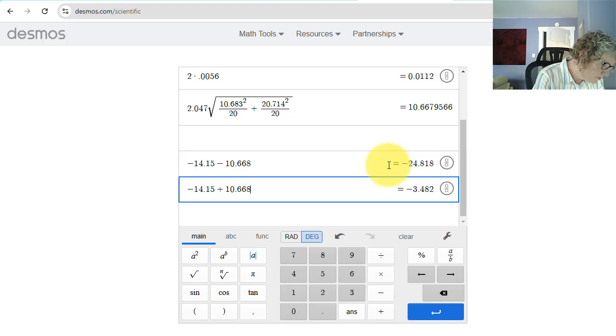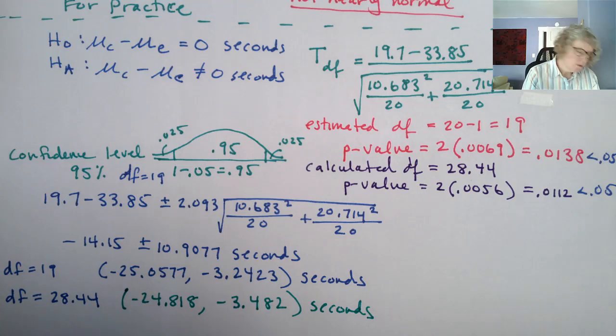Negative 24.818 to negative 3.482 seconds. Okay, so I wrote that one down as well.